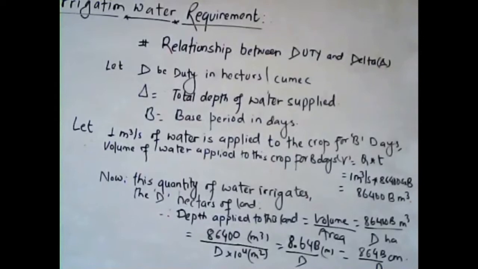Canceling out all these things, we get 86400 divided by D into 10 to the power 4, that comes to 8.64 B by D. That is in meters. Okay, 8.64 B by D, so this depth will be coming in meters. If you convert this into centimeters, this will give you 864 B by D in centimeters. So you can use whichever you like. If you need centimeters, you use this. If you need meters, you can use this. Okay, there is no problem.